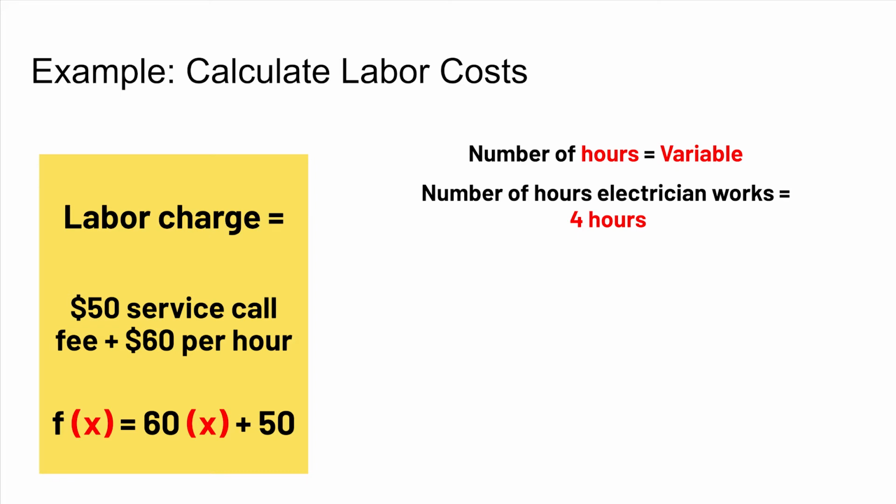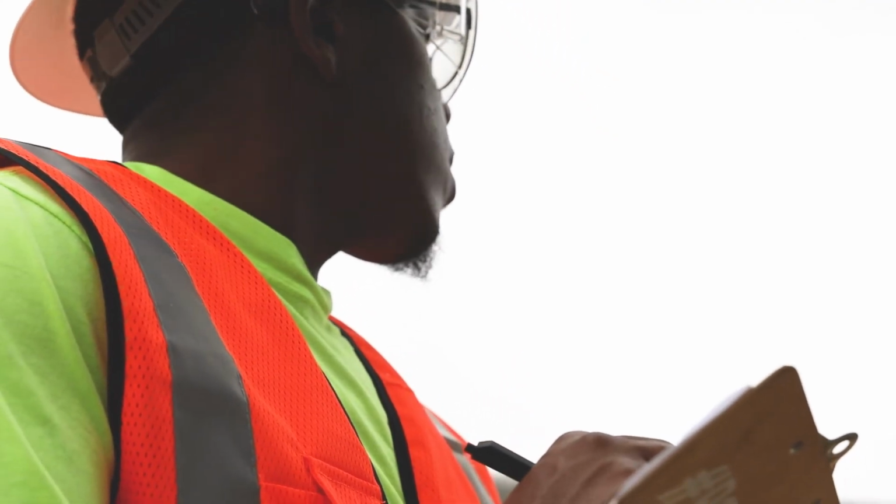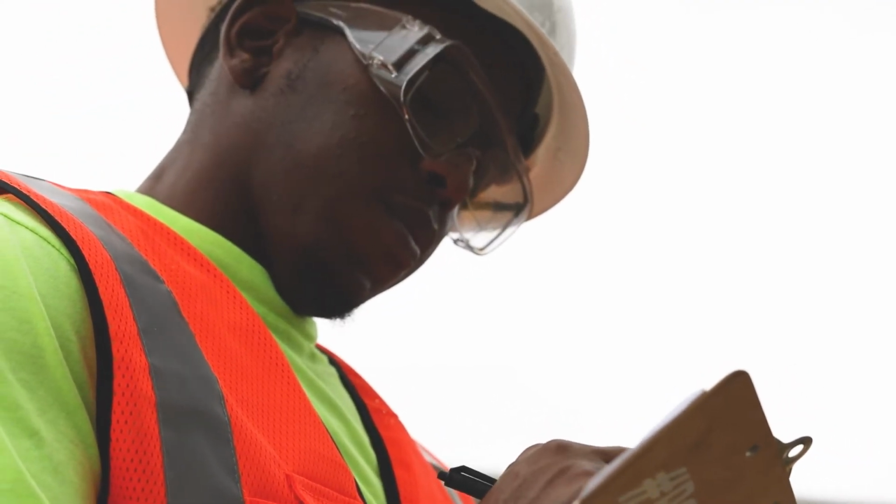So if the electrician works for 4 hours, I can substitute the x with 4 and then do the math. f of 4 equals 60 times 4 plus 50. And the answer would be $290. Isaiah wants to be smart with his supervisor's money, so he can also use functions to compare rates.